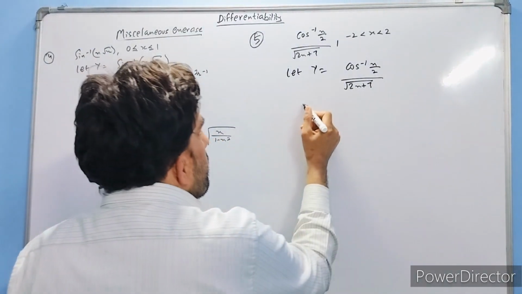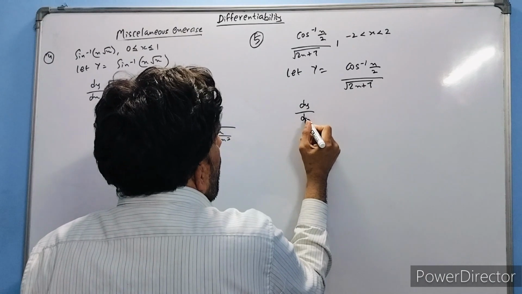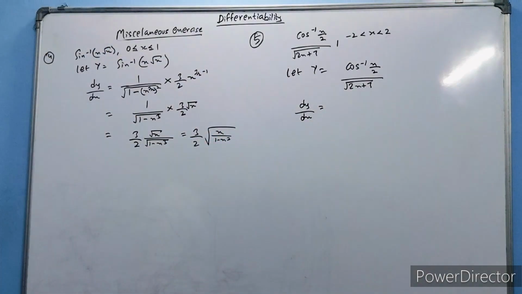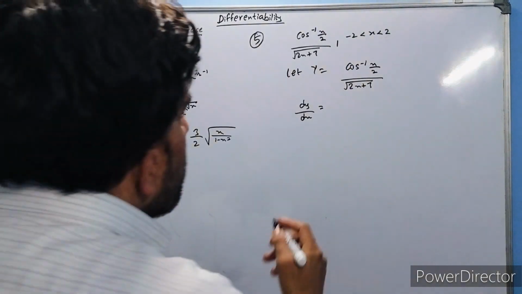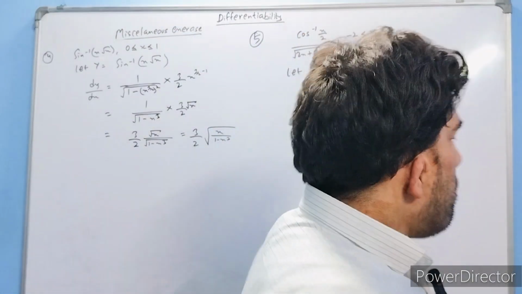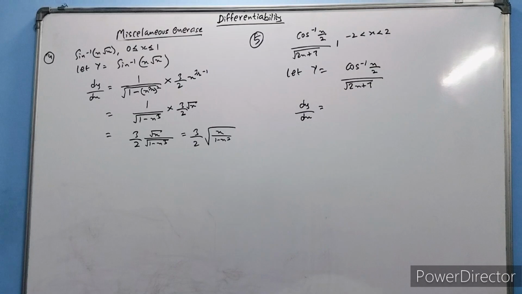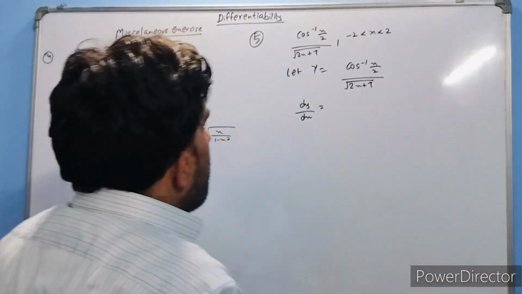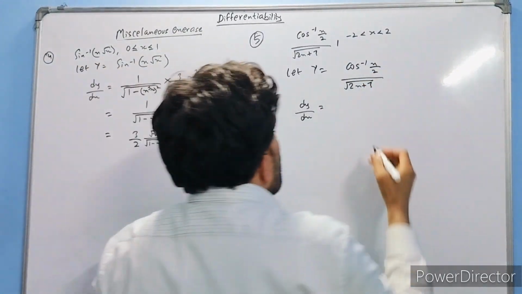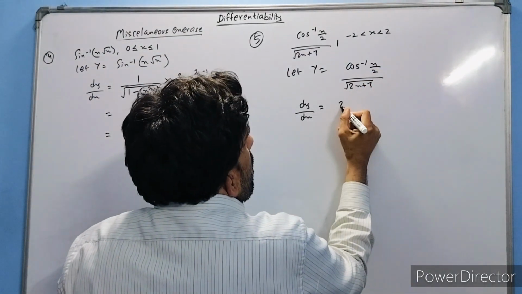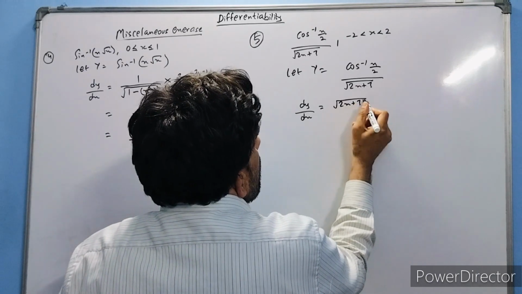So we'll write dy upon dx. Now let's try to differentiate this function with respect to x. We will use here the quotient rule. What the quotient rule says, we differentiate u by v.